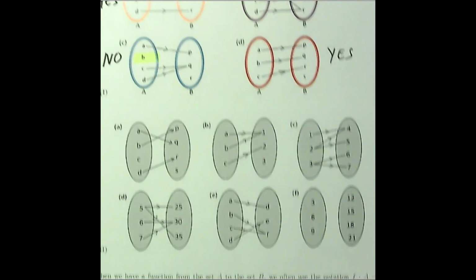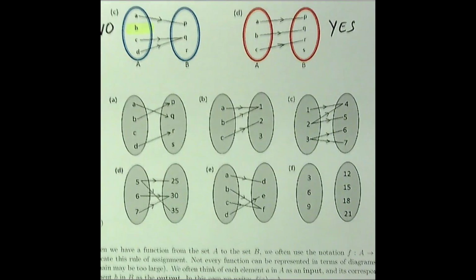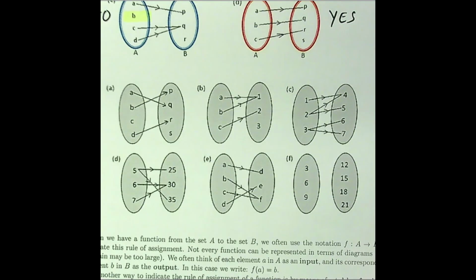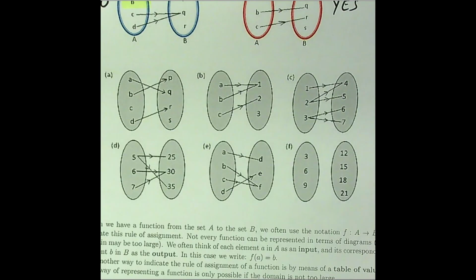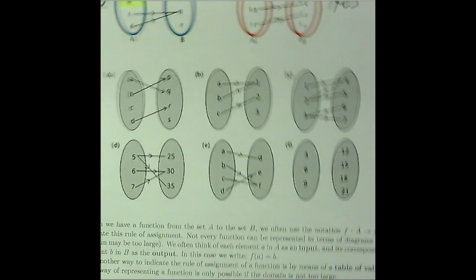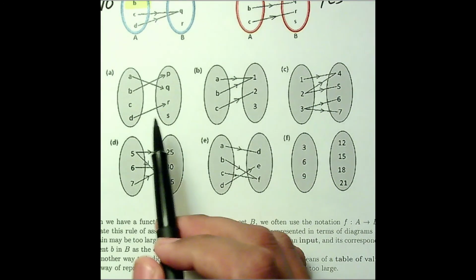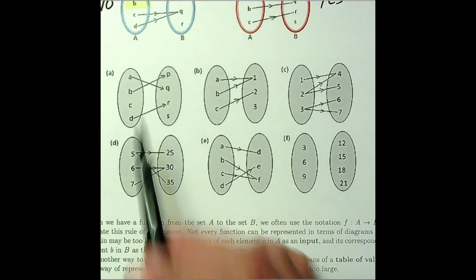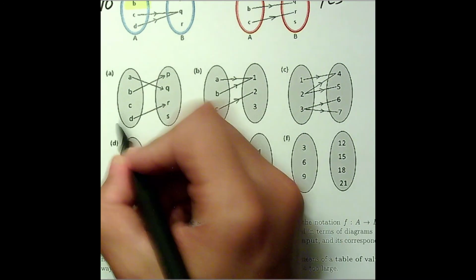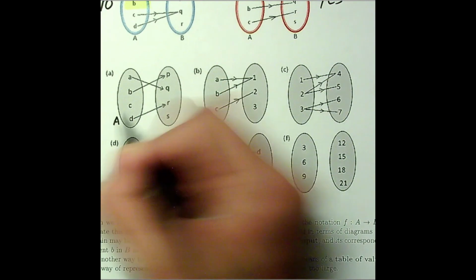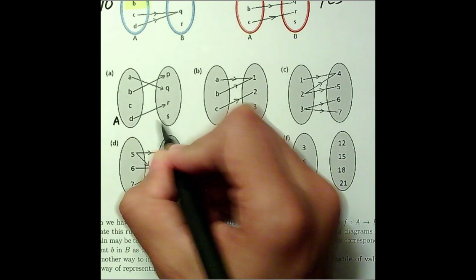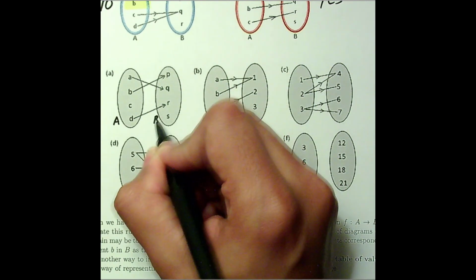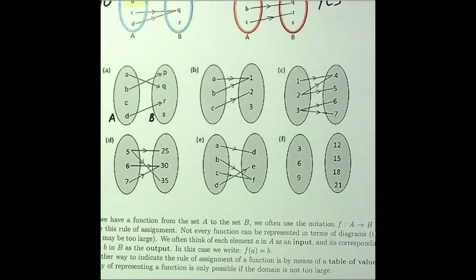Okay, now let's look at the next 6. Is that a function? Okay, so all of these don't have the same label, but the first one is a set A. This other one is a set B. Okay, is that a function?